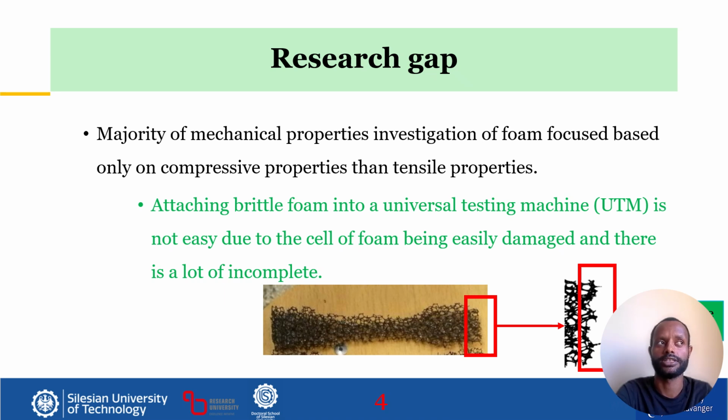So it needs specially designed grips in order to investigate this tensile property. The other one is that brittle foams such as ceramic and carbon foam are highly brittle, so it is not easy to test this tensile property, which results in very low strain.